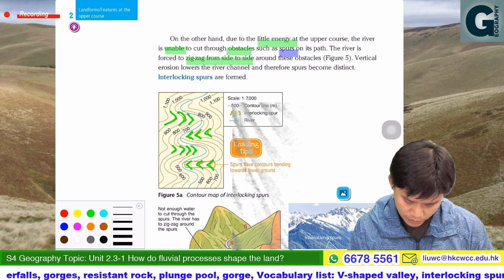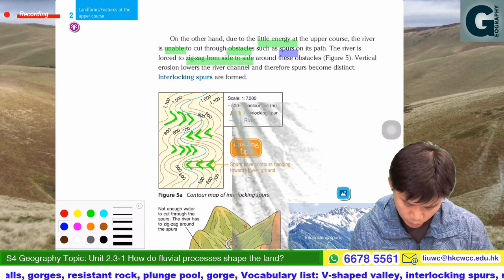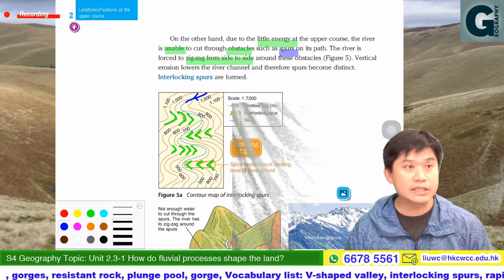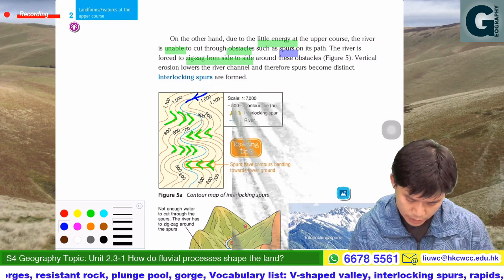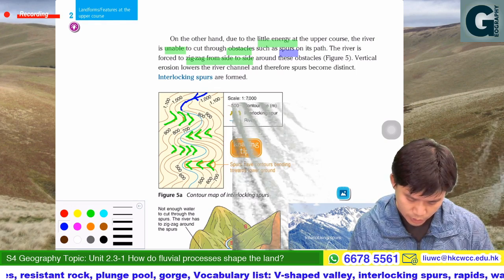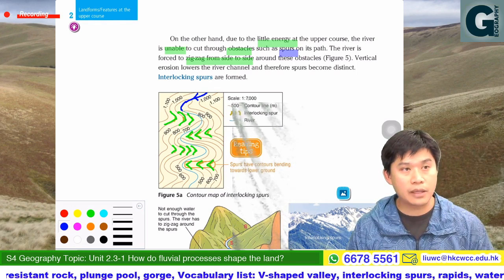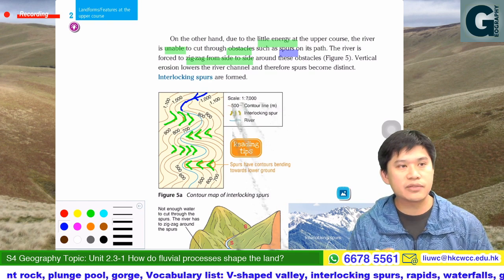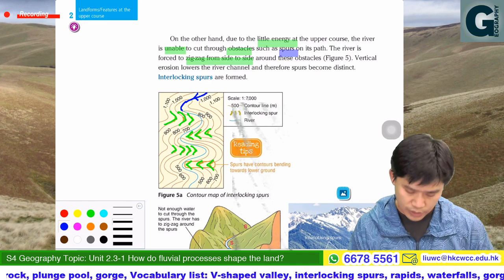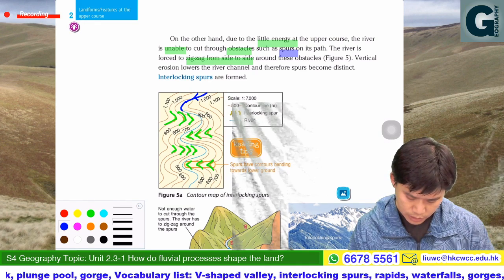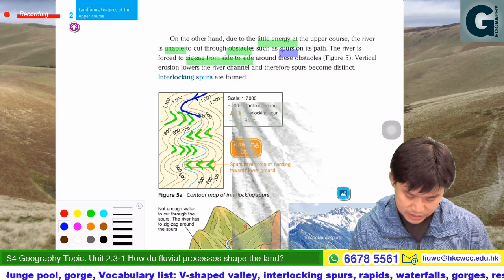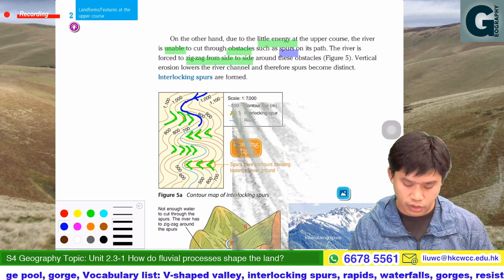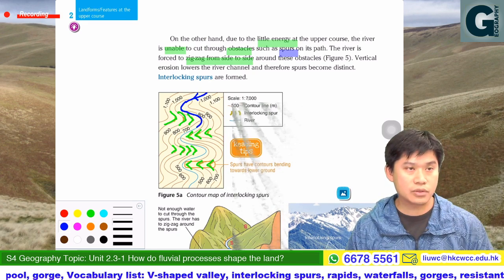If you look at this, the water flows in this direction. When the water meets the spur, as the energy would be relatively low, it will flow away, as the water cannot erode away those parts.